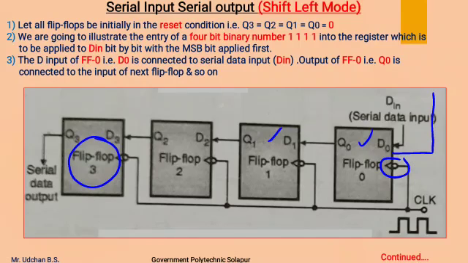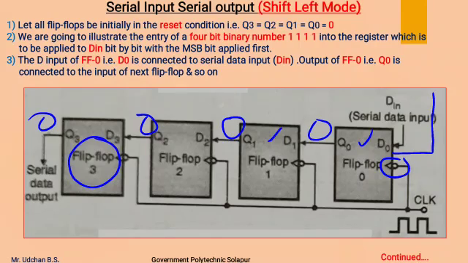Now we are going to assume, or we are going to reset all these flip-flops initially, means Q3, Q2, Q1, Q0 will be 0 initially.